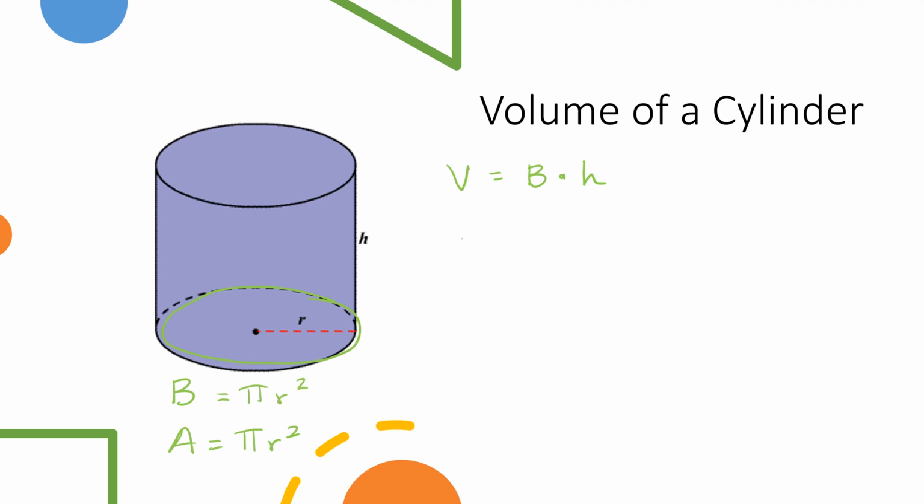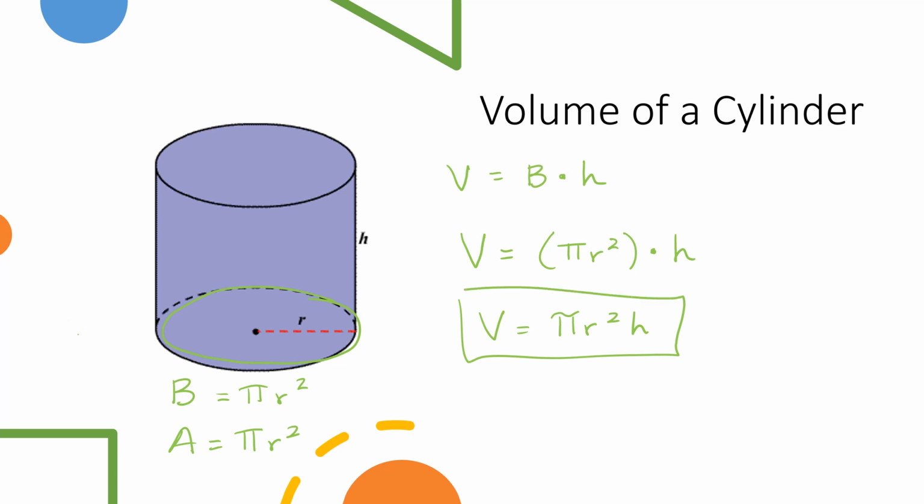So to find the volume of a cylinder, we would stack that circle on top of each other to find the volume, and therefore we have V equals the area of the base, which is pi r squared, times the height. And we have the formula V equals pi r squared h.